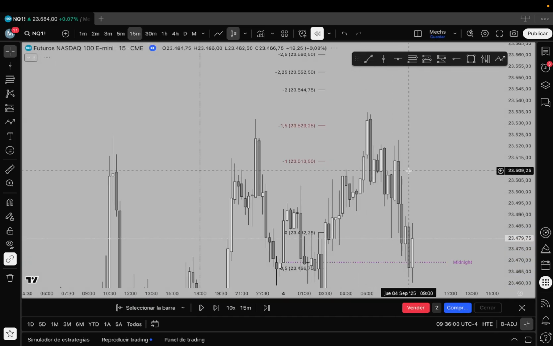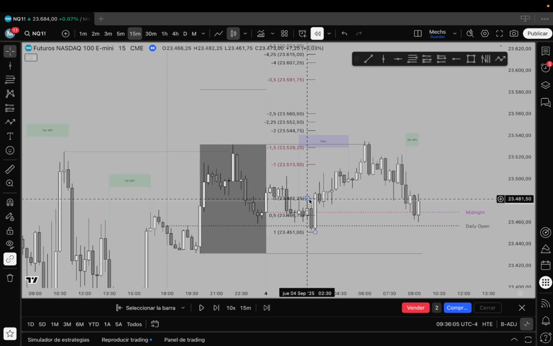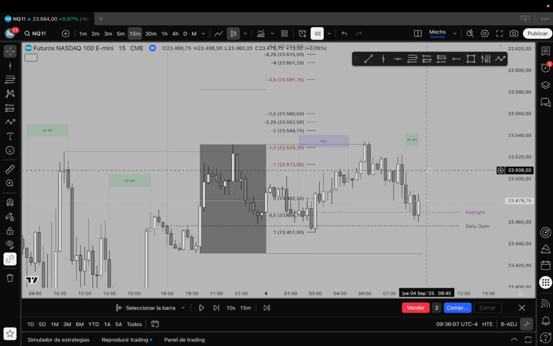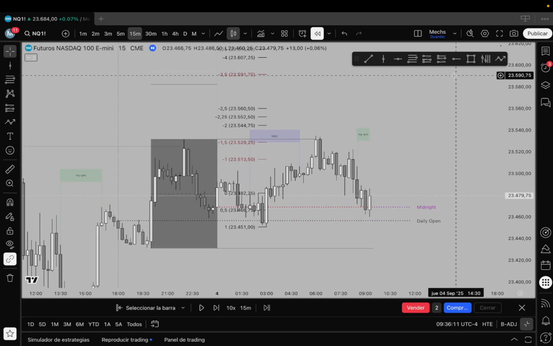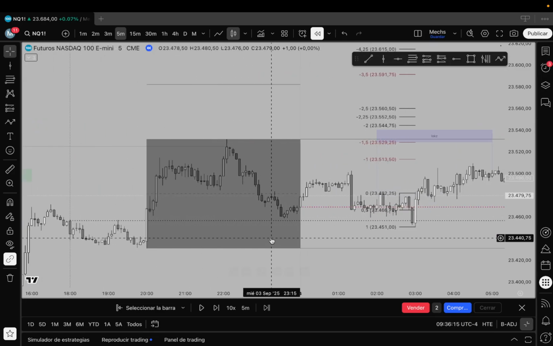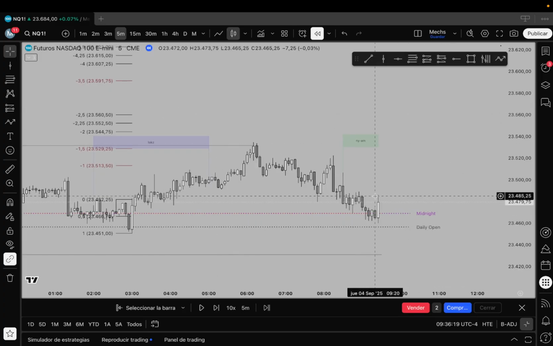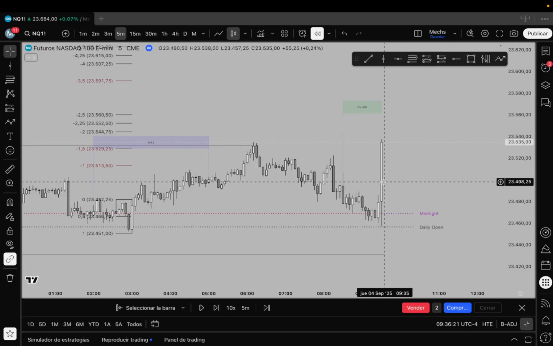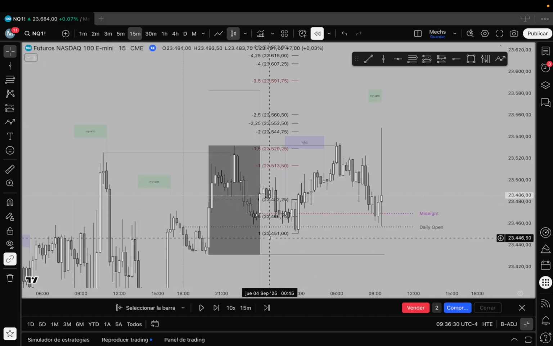Also this is the break of structure. It works. So now you have a good leg.